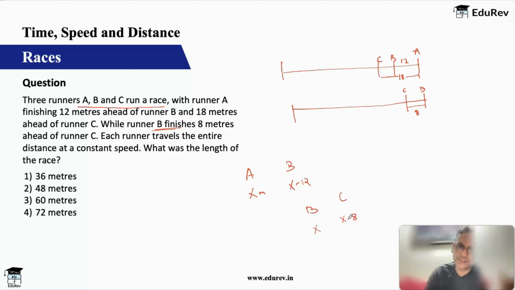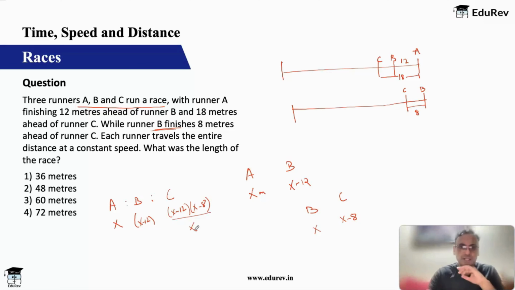If you remember, we had done this, right? So if I have to find the ratio A is to B is to C, it was X is to X minus 12 is to X minus 12 into X minus 8 upon X. Hope you remember this. The same as X minus A, X minus B upon X, right? So this is same. The only thing is X in this case is not known to us.